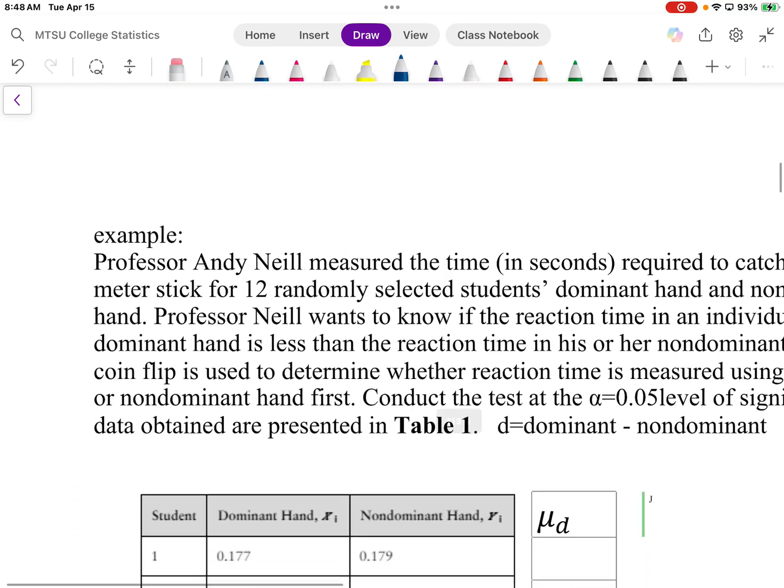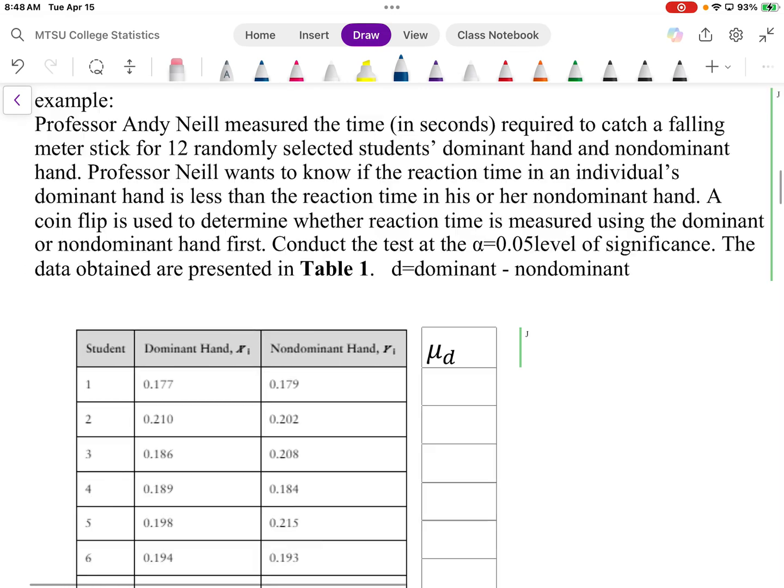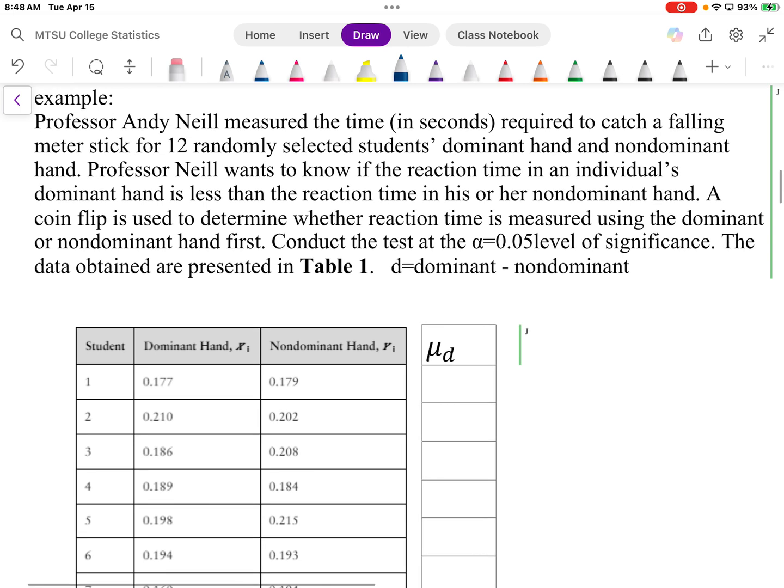Now I have an example kind of queued up, and I would just ask, why is this a matched pairs? Because that's the first thing: what's the difference between a matched pair or a 2 sample?